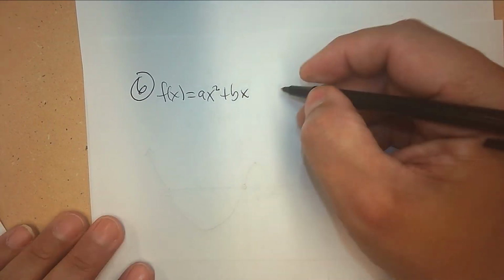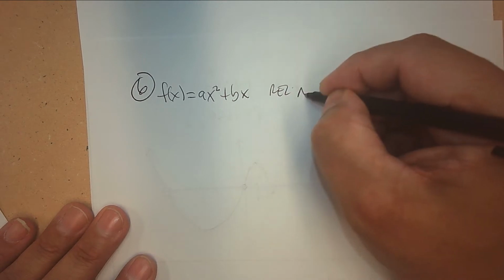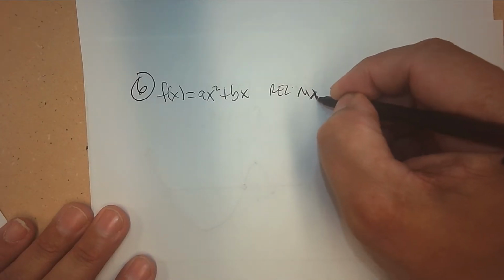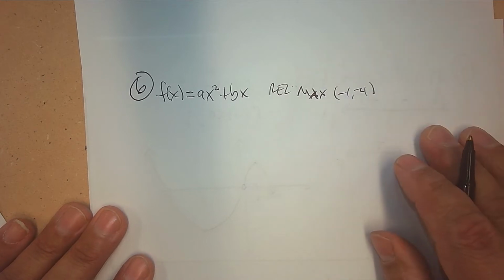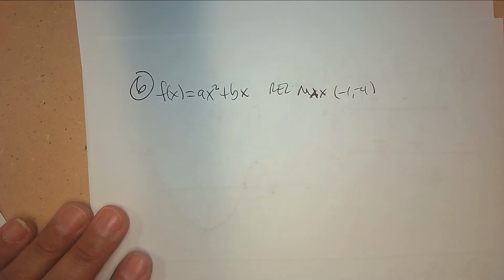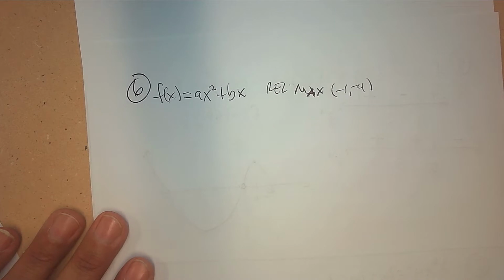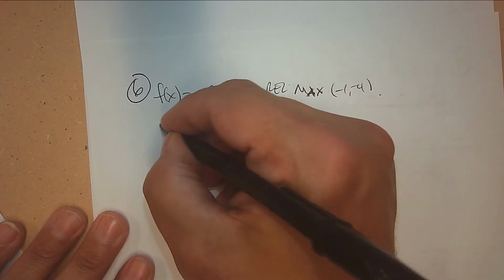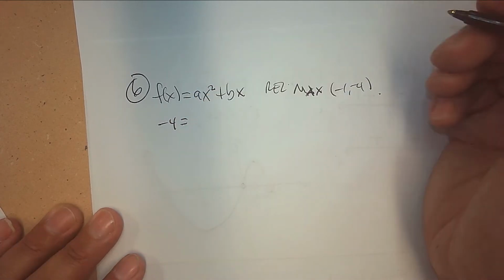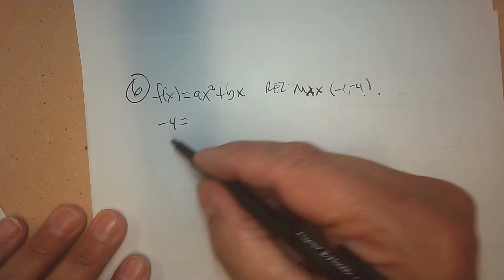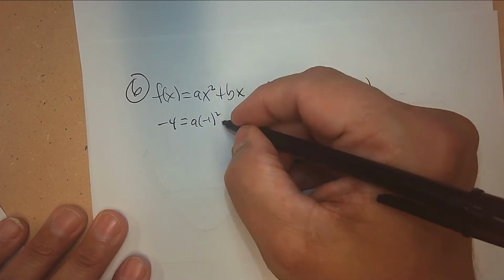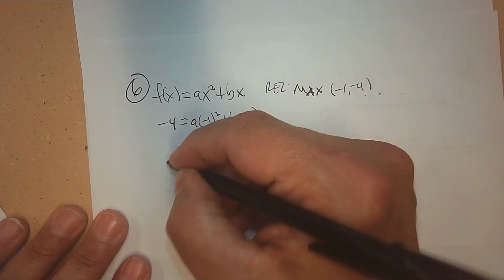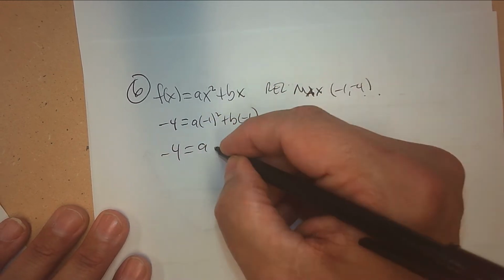And it says there's a relative max, there it is, at -1, -4. So what we're going to do is find what values for A and B make that true. So first of all, you're given a point. So the y coordinate is -4. We're going to create a system ultimately. So the y coordinate is -4. The x is -1. Simplify it a little bit, and I get A minus B.